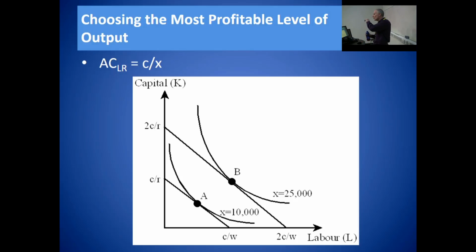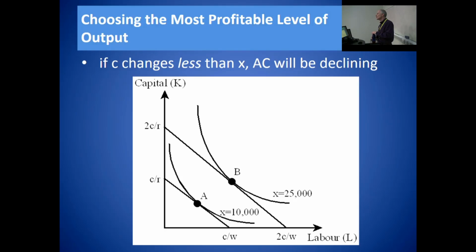Now I'm going to show you how that changes, depending upon returns to scale. So the scenario that we've run through here is increasing returns to scale. Well, when we have increasing returns to scale, and I'll just give you the tagline for the moment, average cost will be declining.